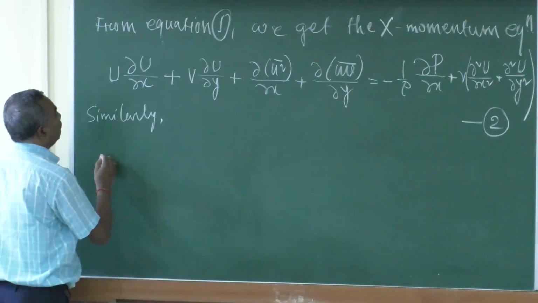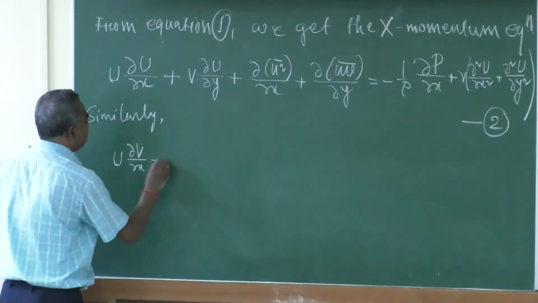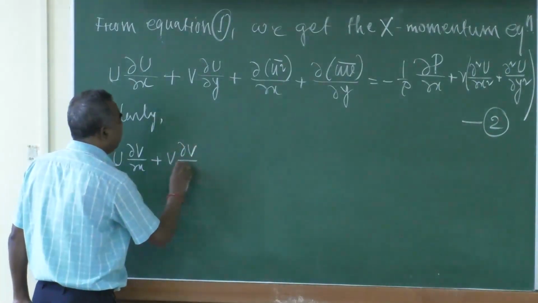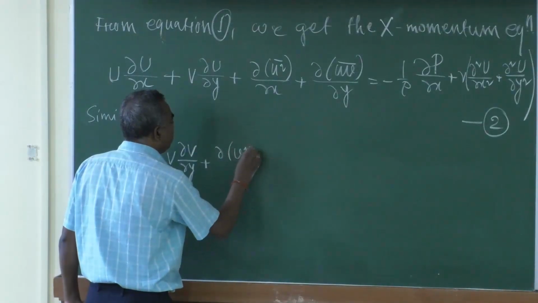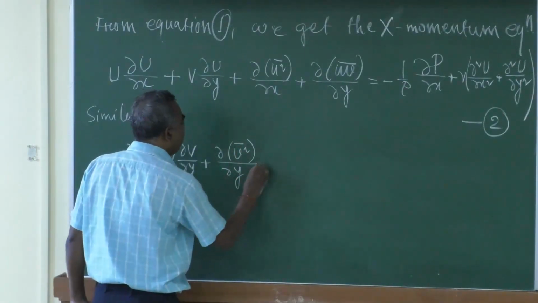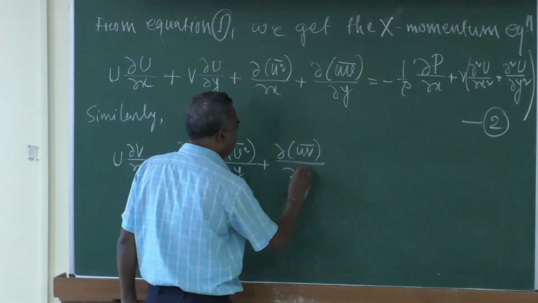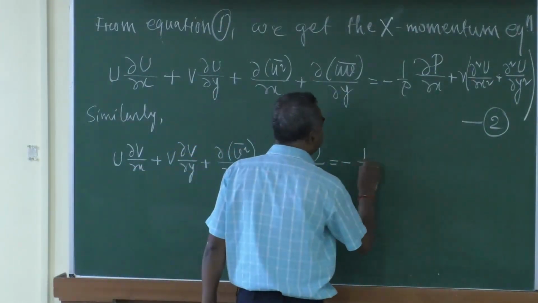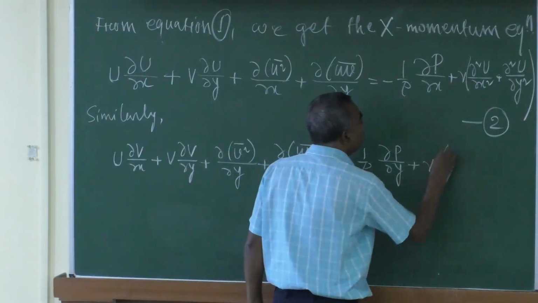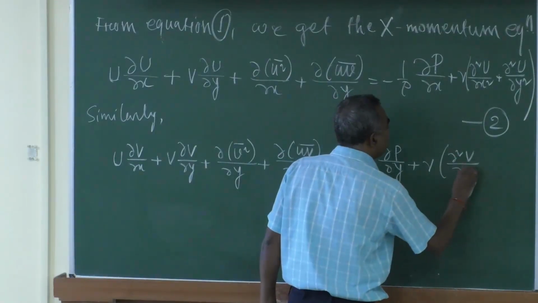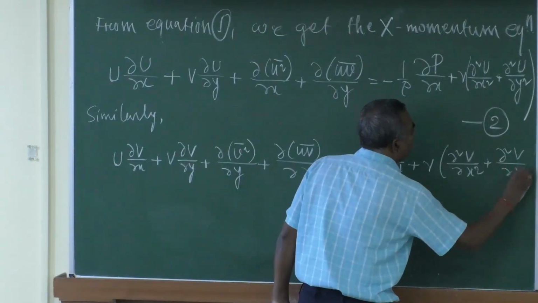That is going to be u del v del x plus v del v del y plus del v square bar del y plus del u v bar del x equals minus 1 by rho del p del y plus nu times del 2 v del x 2 plus del 2 v del y 2.